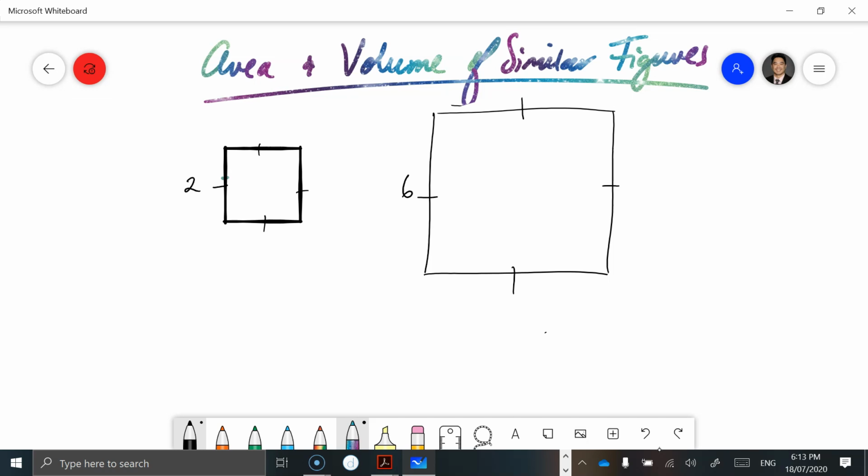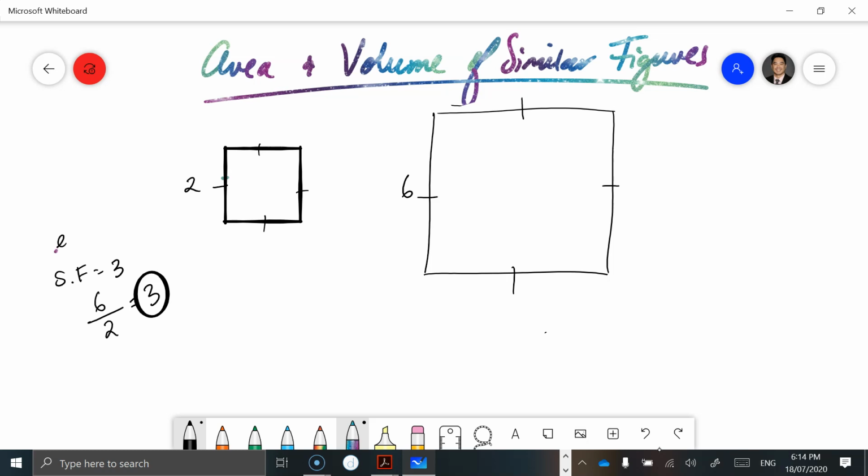If we revert back to scale factor, we've got a scale factor of 3. The image is on the right, and the original is on the left, which is 2. So 6 divided by 2 is 3. The length is 3 times bigger than the length of the original square.